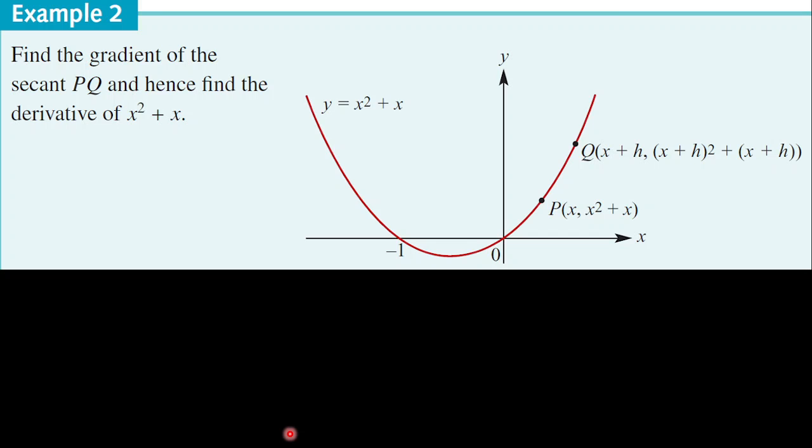Okay, next example. Different rule. This time the point P has an x variable, so we don't have 3 like before, but we use the same technique by determining the rise over run, the gradient between P and Q, and then we change that expression as h approaches 0.